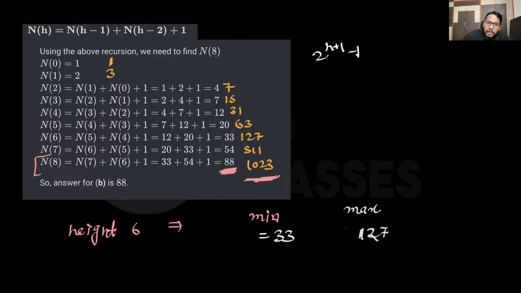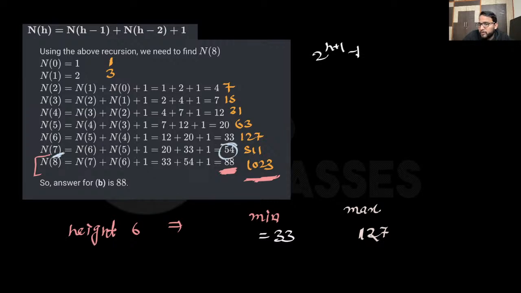Okay. Now tell me if I just ask you the reverse question, that if I just say the number of nodes are 34, then what will be the height? Height is still 6. Why? Because the maximum height could be still 6. Reason being is that for the height 7, you need minimum 54 nodes, right?